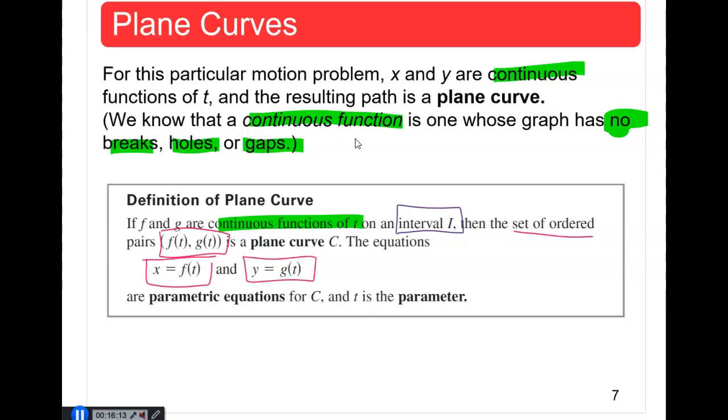So we're just calling them f and g so that we know that they are two different functions.